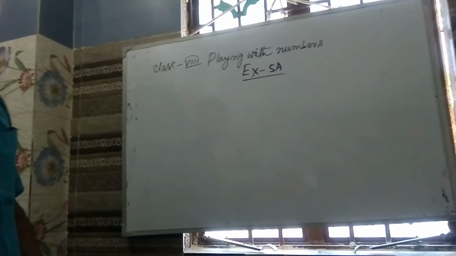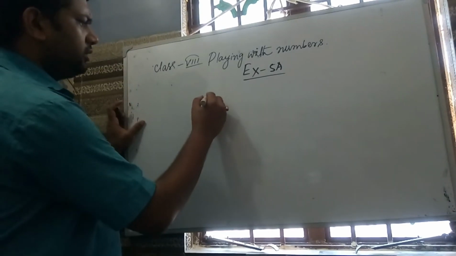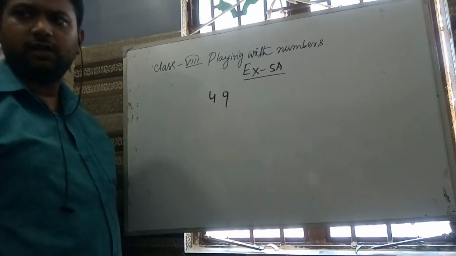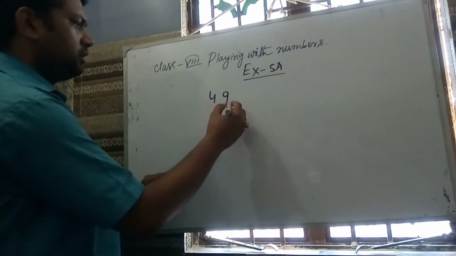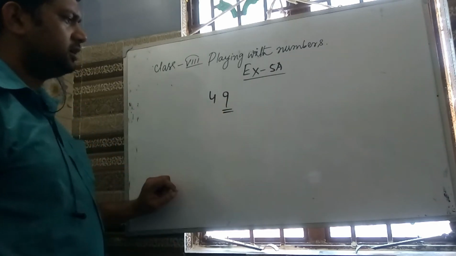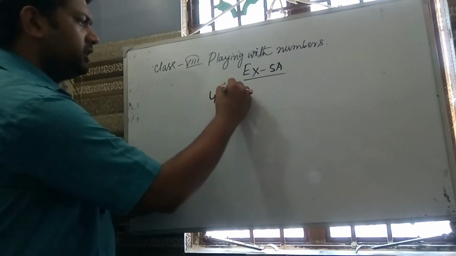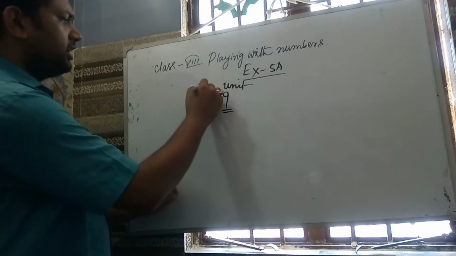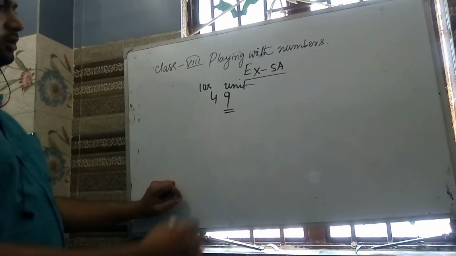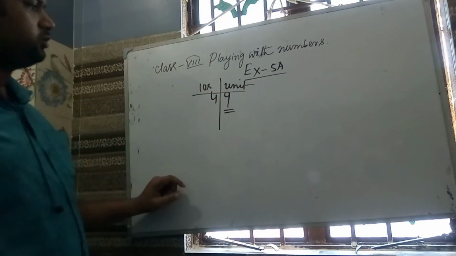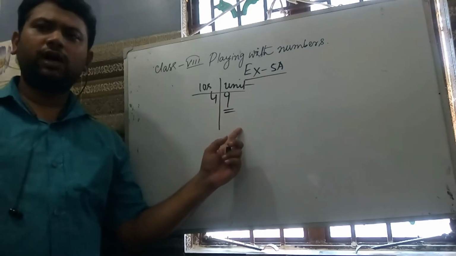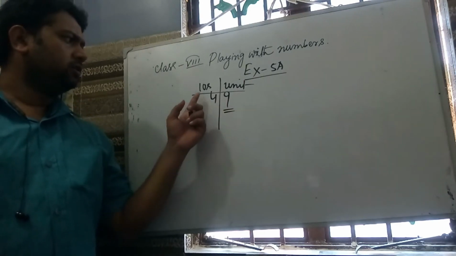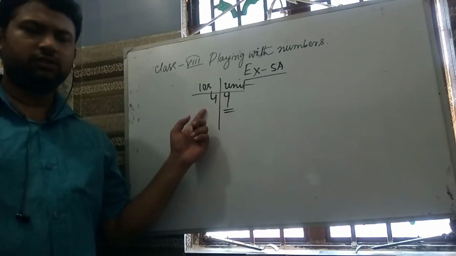First of all, tell me, if 49 is a two-digit number, then 9 is called the unit digit and 4 is called the tens place digit. Okay? So in a two-digit number, we have one unit digit and one tens place digit.